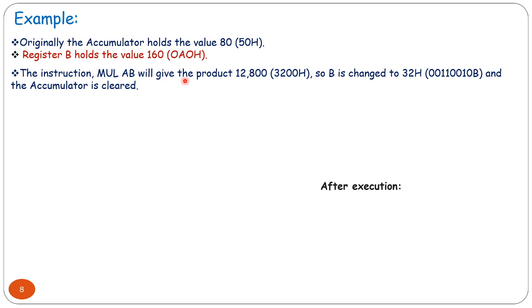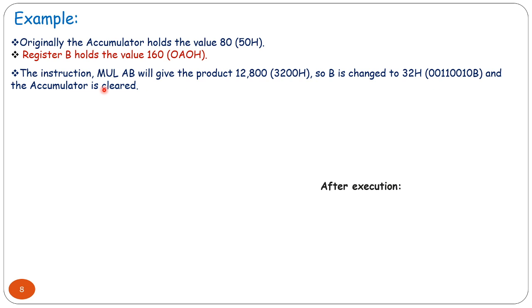The instruction MUL AB will give the product. So in decimal 12,800 and in hexadecimal 3200H. So B is changed to what? Higher byte 32 goes to B and lower byte goes to accumulator, and accumulator now has the content 00.